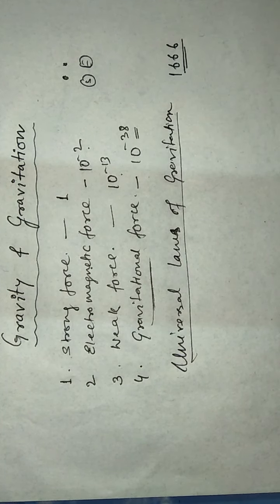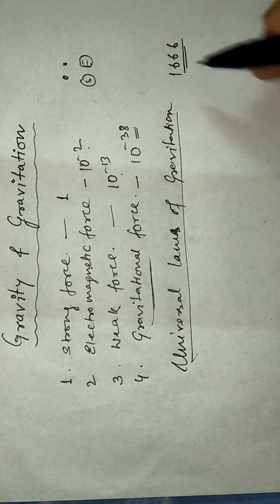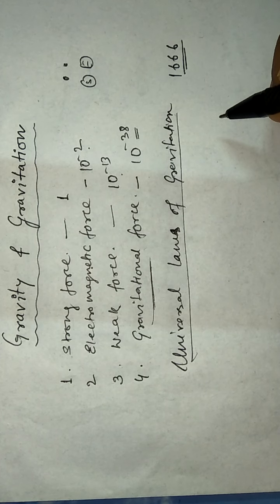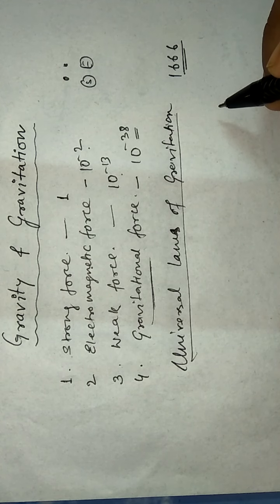According to his law, every body in the universe attracts every other body with a force which is directly proportional to the product of their masses and inversely proportional to the square of the distance between them.